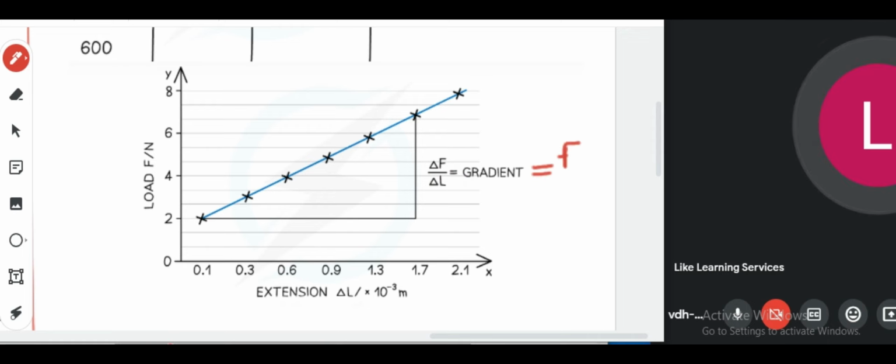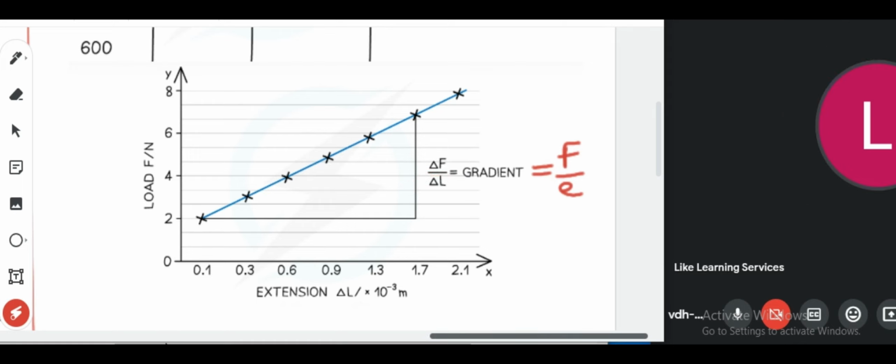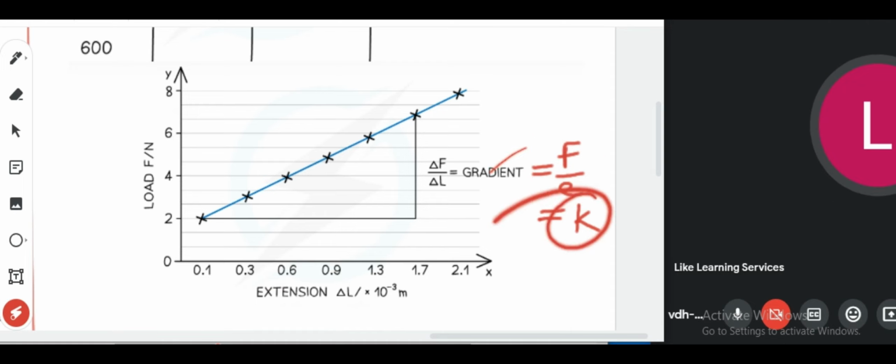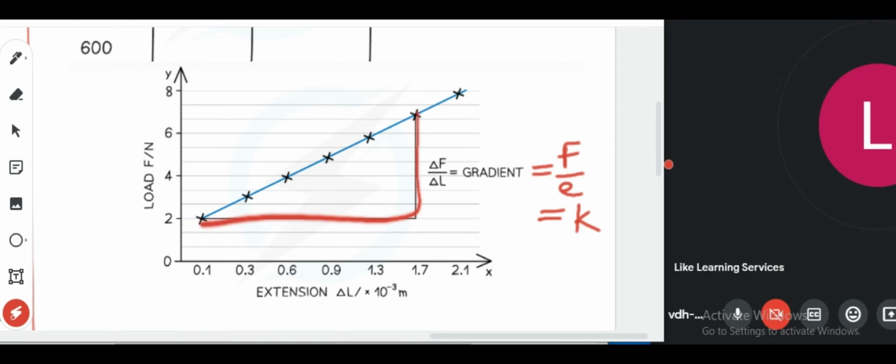This change in length is basically the extension, and that of course gives us the spring constant, K. Because force over extension, we've already established, is the spring constant, K. So we have that from the slope.